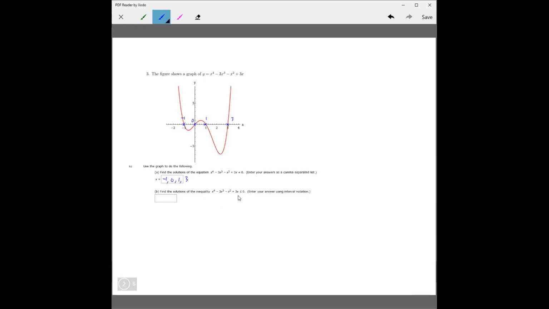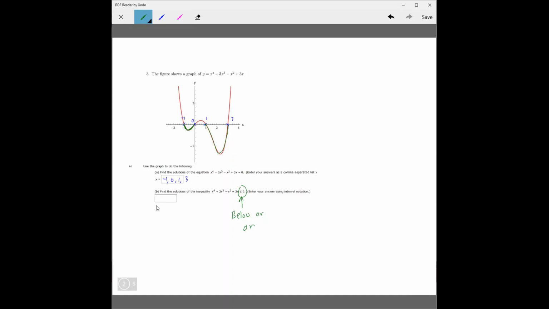And then the second part is where it's less than or equal to 0. And here, remember that I said less than or equal means below or on. Okay, so you're looking at the part of the graph that's below the x-axis.